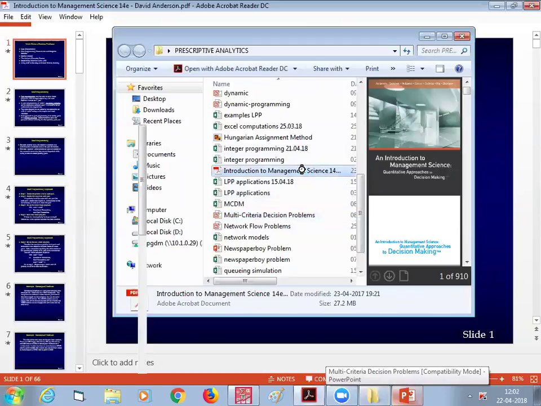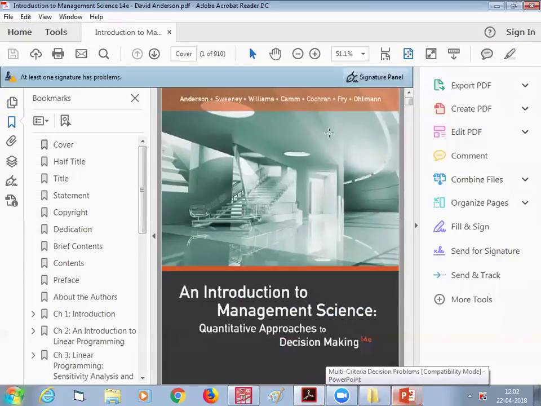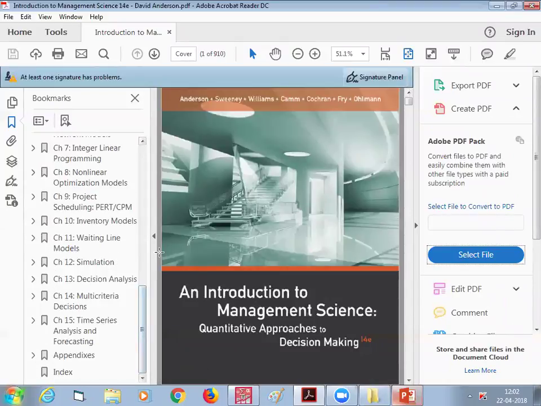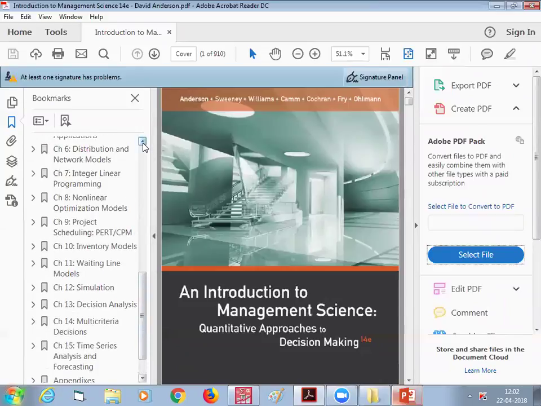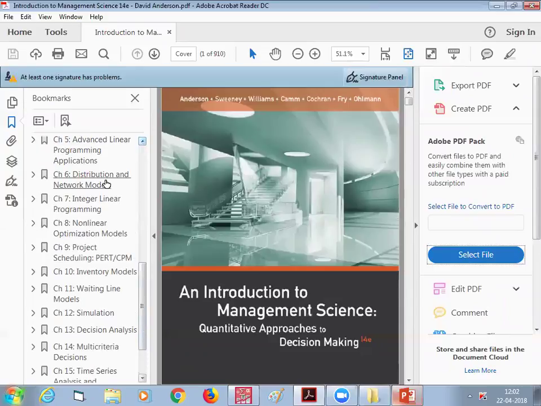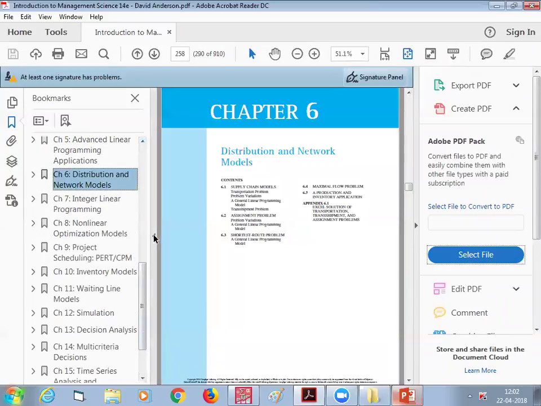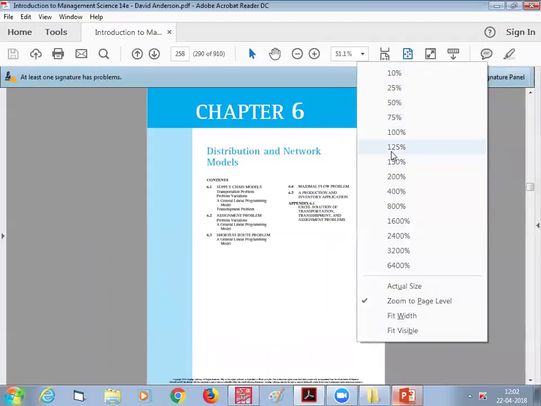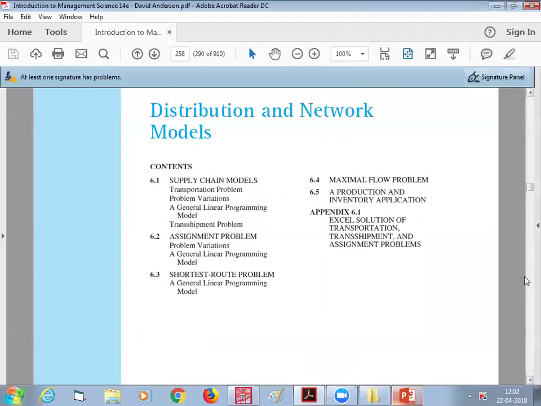I'll take the textbook and solve some problems from the textbook: assignment and transportation problems through Excel. Where are we? Distribution network. Okay, so here we are.